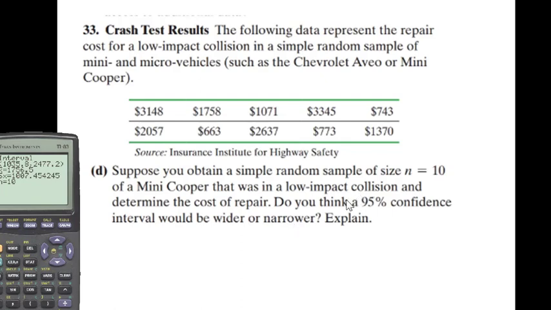Well, let's see here. If I was just dealing with one car, I don't know if I would assume it'd be wider because Minis cost more than other cars, but I really don't know that for sure because I don't know all the micro cars out there in the world, but I know it's more expensive than a Chevy.